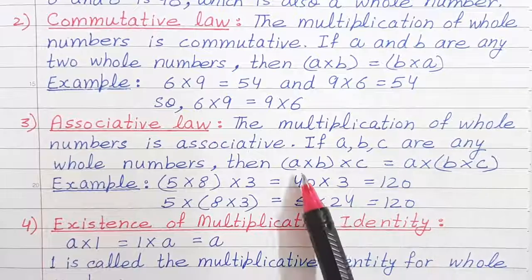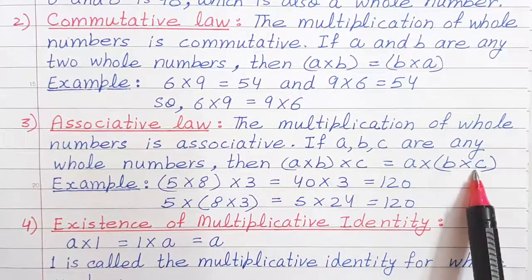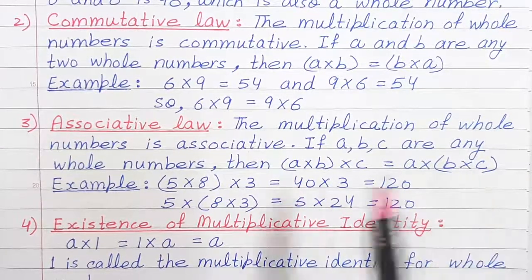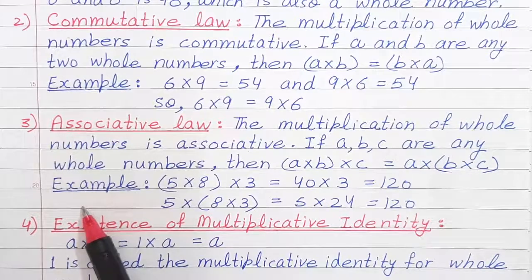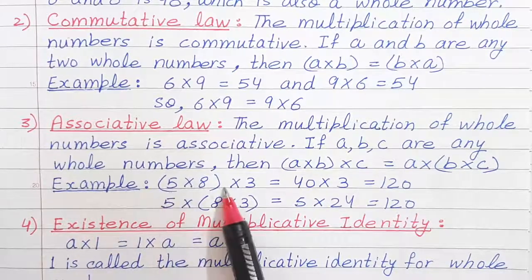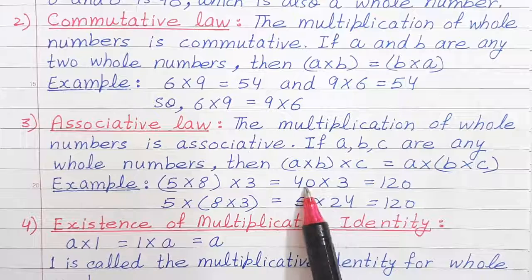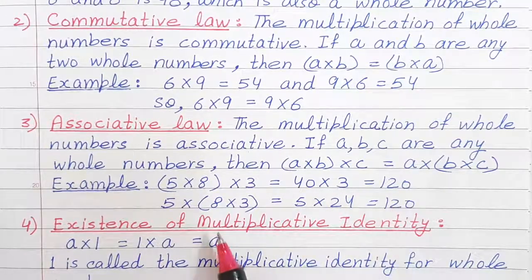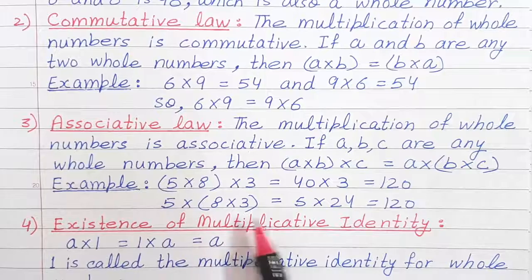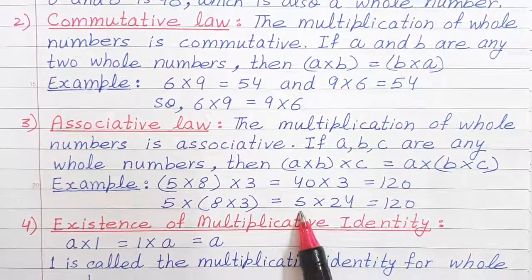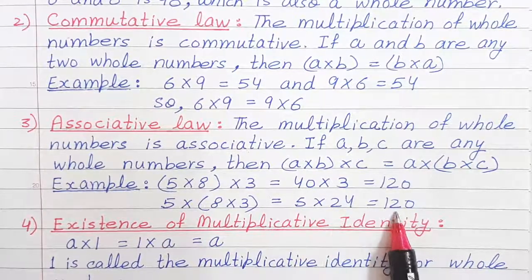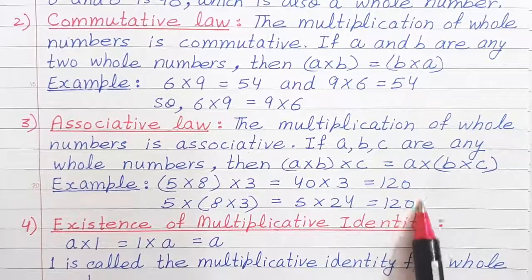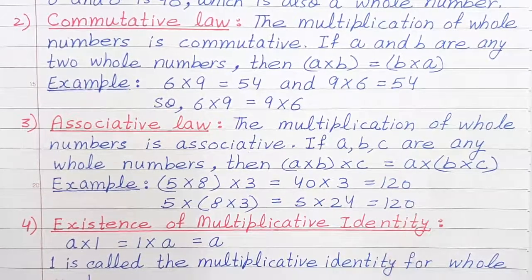Remember here, we need to solve the brackets first, right? So, for example, 5 8s are 40. 40 multiplied by 3 is 120. Similarly, 8 3s are 24 and 5 multiplied by 24 is 120. So the two are equal.